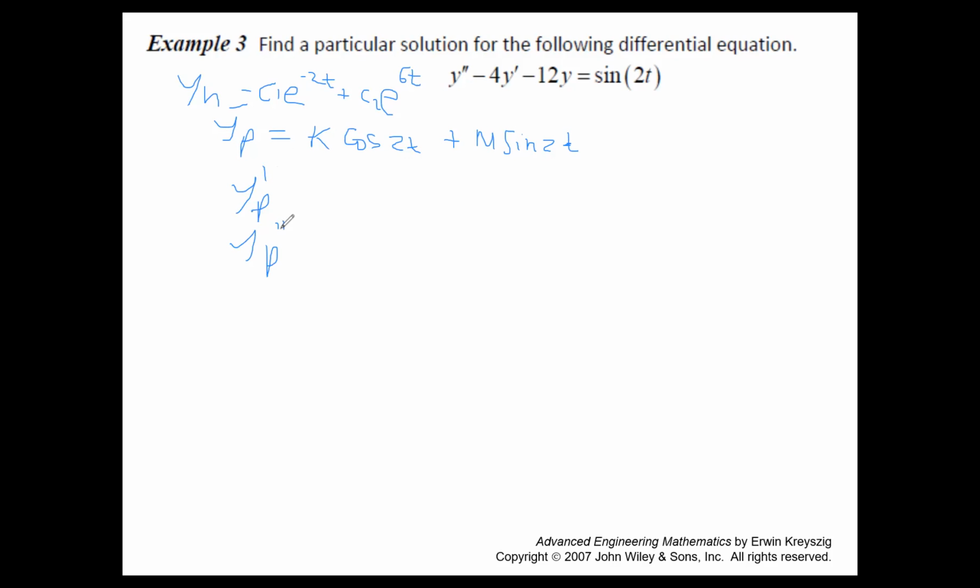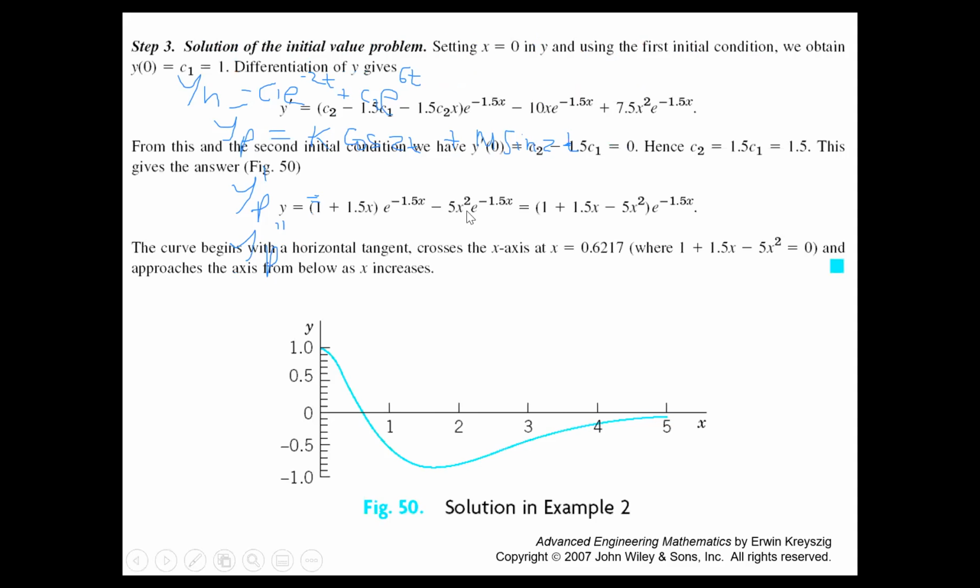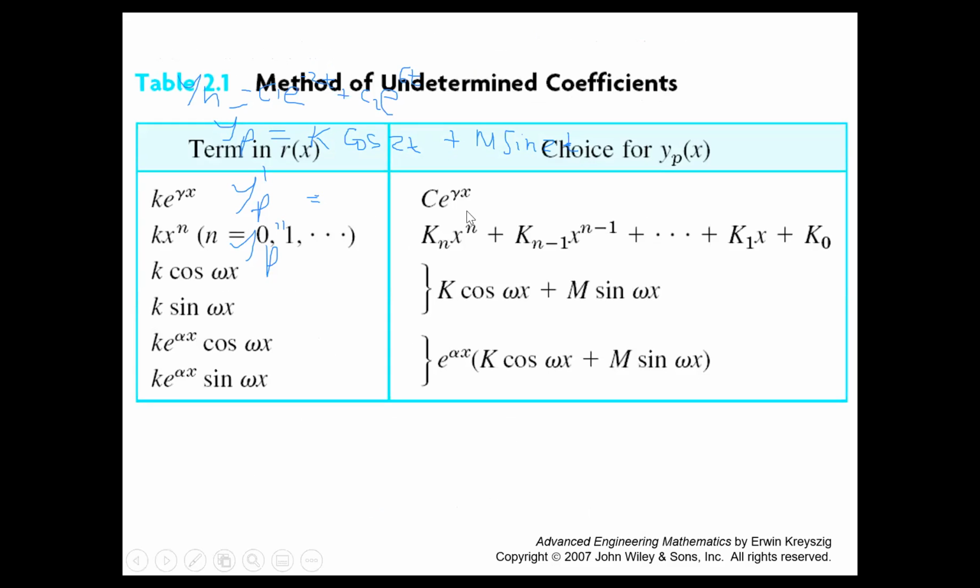If we differentiate those and put them into our equation, YP prime will be, let's take a look at the table first, K cos plus M sin omega x.